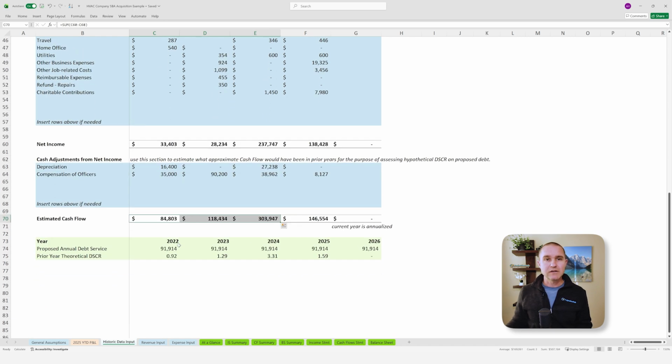What we do in our template here is we look at, based on the proposed loan, would this business have been able to cash flow this proposed loan in the previous years? In the really high year in 2024, there was tons of debt service coverage, 3.31, but in 22 it was not even 1-to-1. 23 was just above that 1.25 number, and now in 25 year to date, we're cash flowing at the proposed loan amount.